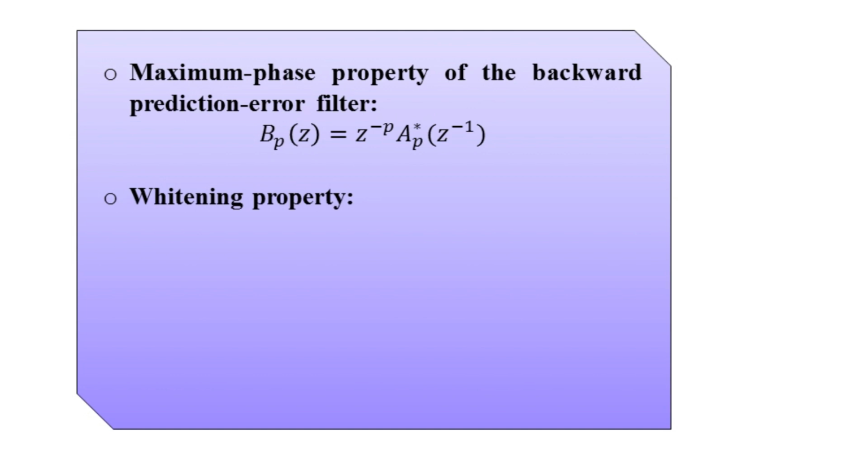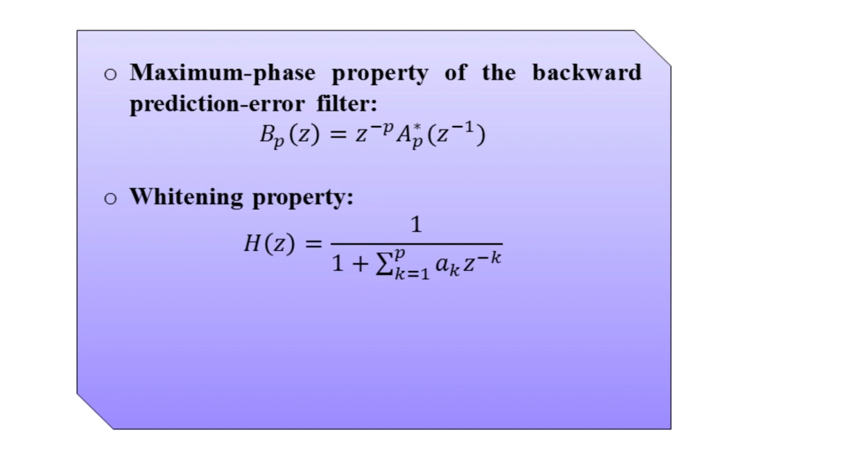And let us consider that it is generated by passing white noise with the variance through an all pole filter with the system function given by capital H of z, that is equal to 1 upon 1 plus the summation k is equal to 1 to P of a suffix k multiplied to z to the power minus k.